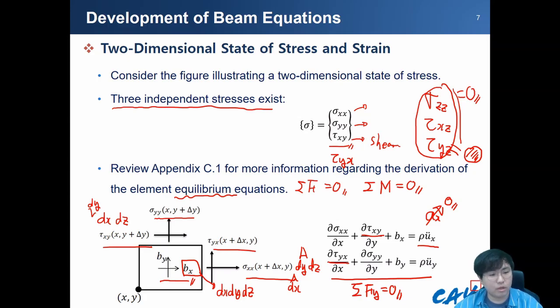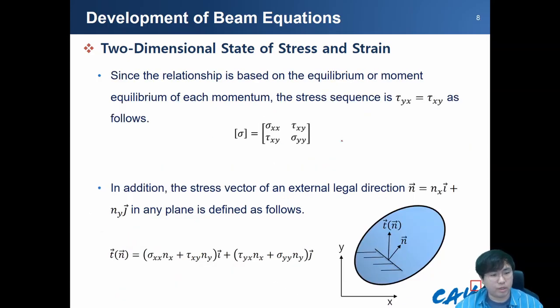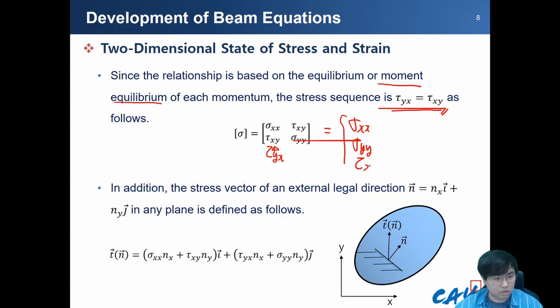But after applying the momentum equilibrium equation, you can reach symmetric shear stresses, so finally tau yx becomes equal to tau xy, so that finally we need only 3 independent stress components. It looks like this.